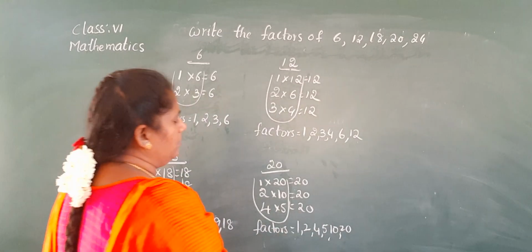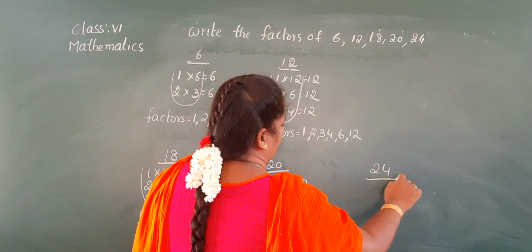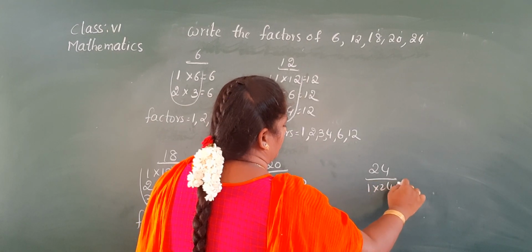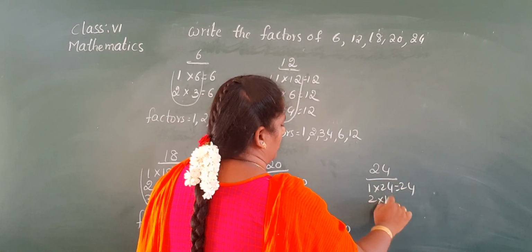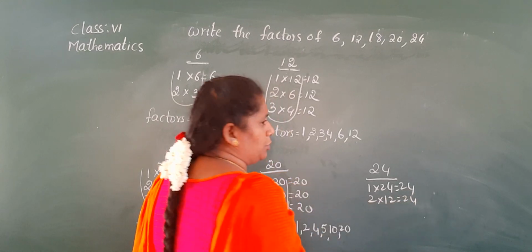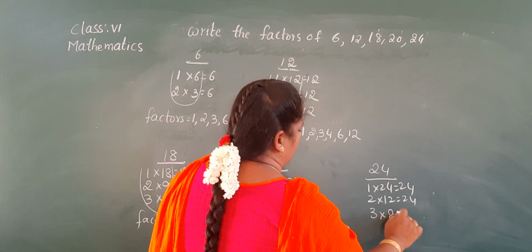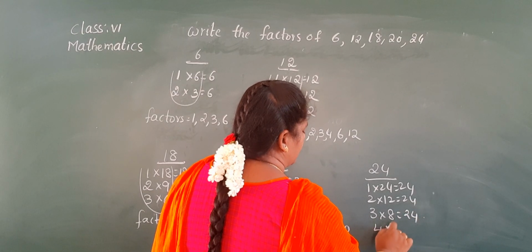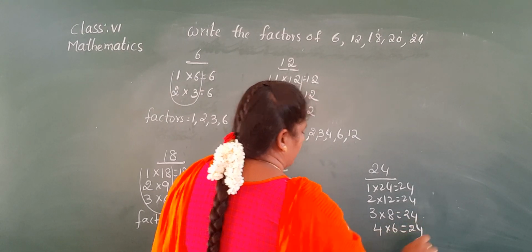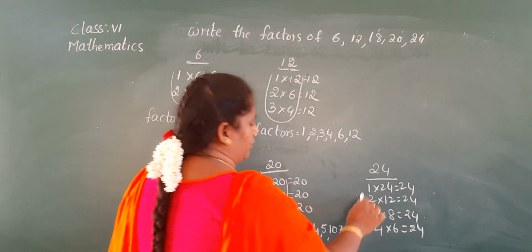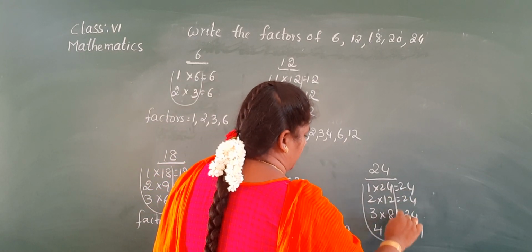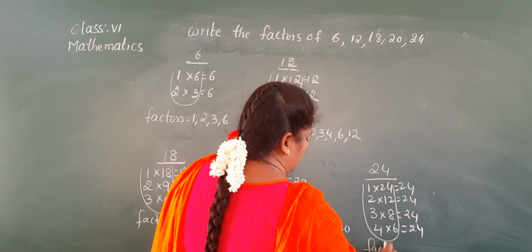Okay? And now 24. 1 24 is 24. 2 12s are 24. 3 8s are 24. 4 6s are 24. And 6 4s are also 24. So reverse came, so you stop it and write the factors in U shape.